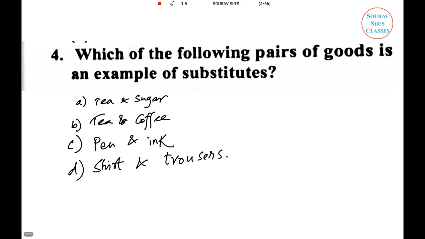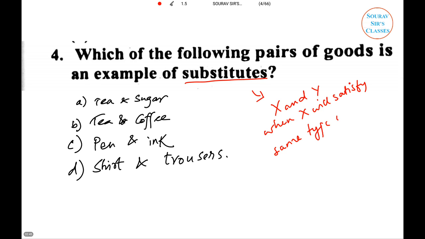Now, which of the following pairs of goods is an example of substitutes? Substitute means X and Y will be substitutes when X will satisfy the same type of want or desire.